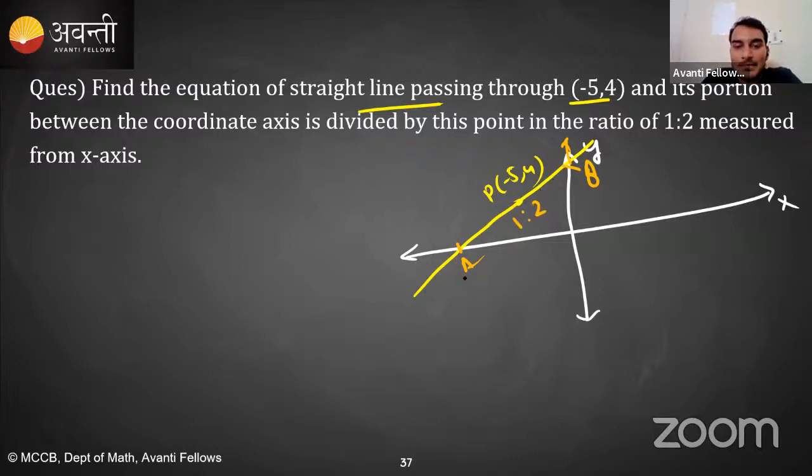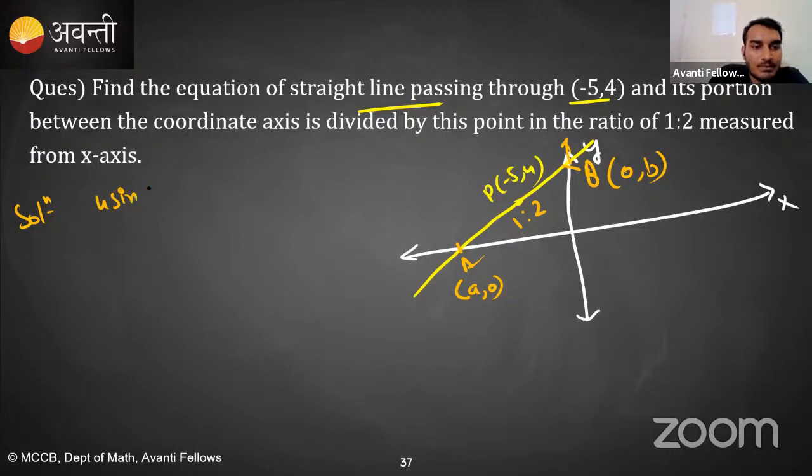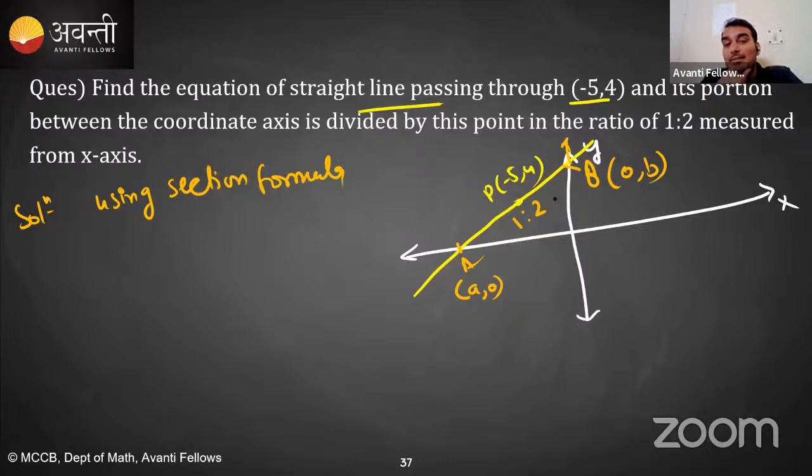Nothing to worry, it is simple. Let point A be (a, 0) and point B be (0, b). Clear? So using the section formula: there are two points A and B, and the point P is dividing AB in the ratio 1:2.